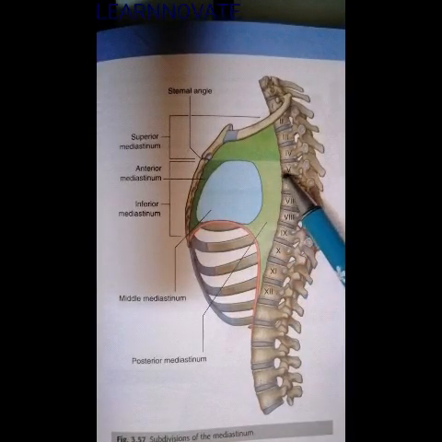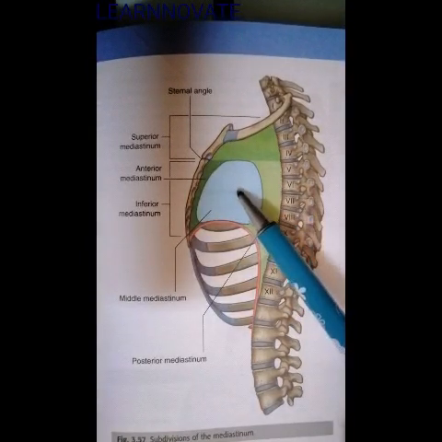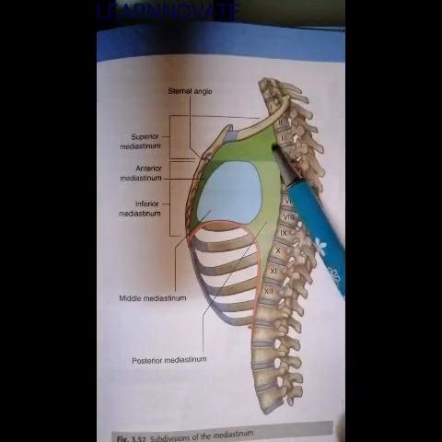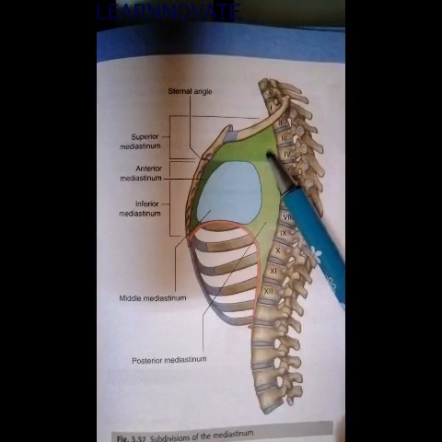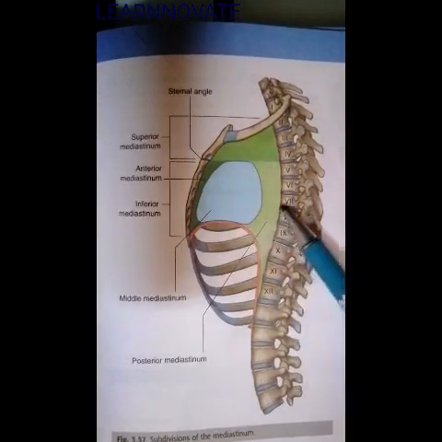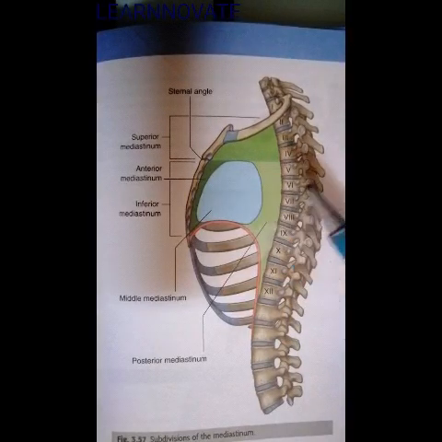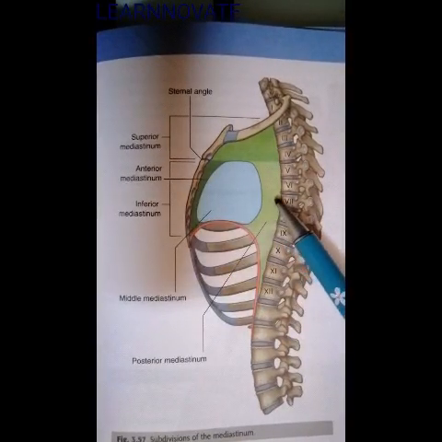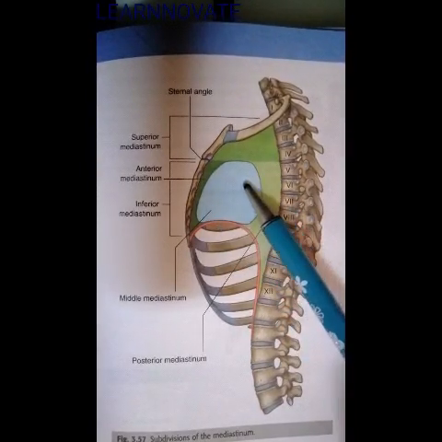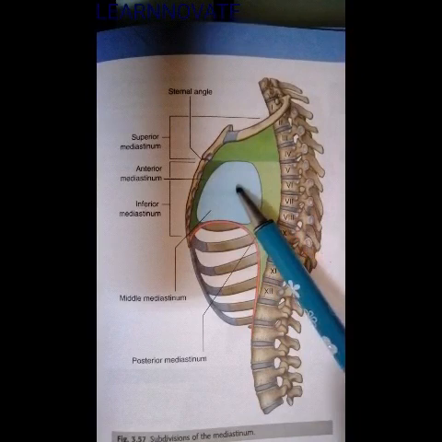In this video, we will discuss in particular the parts and contents of the inferior mediastinum. The superior mediastinum will be discussed in a separate video. Now, the inferior mediastinum is again divided into three parts, because of the large middle mediastinal cavity, also called the pericardial cavity, which contains the heart.